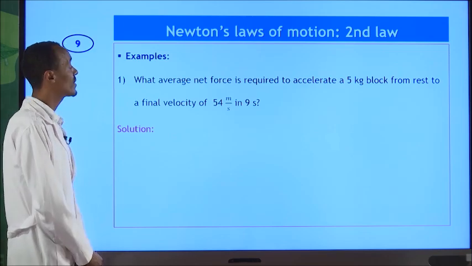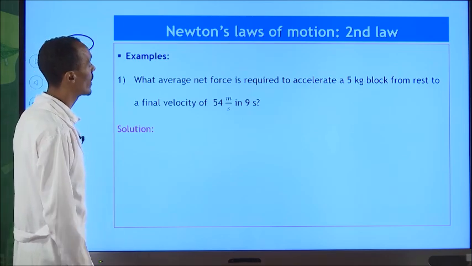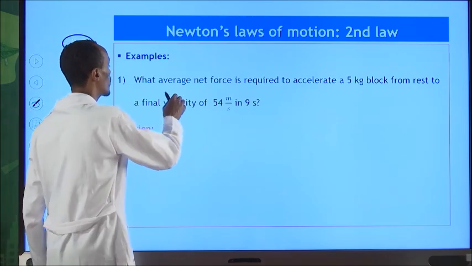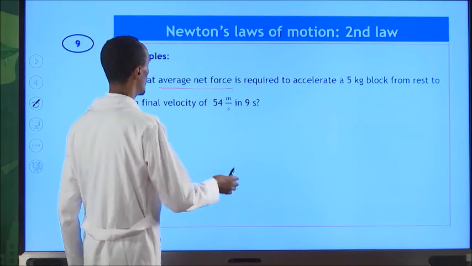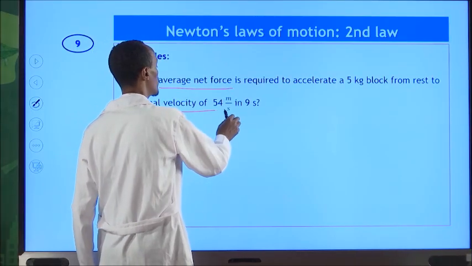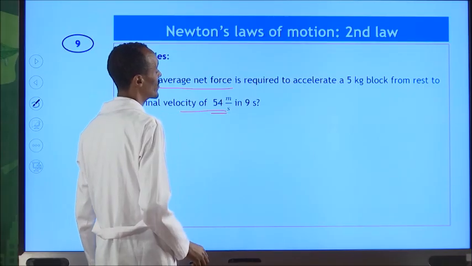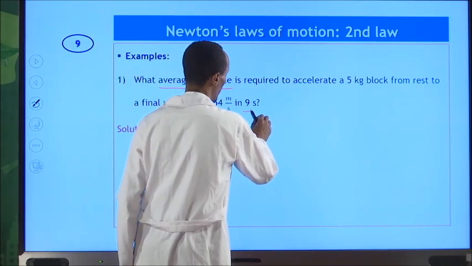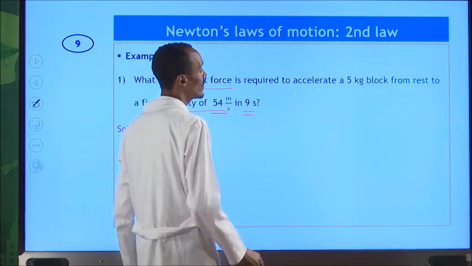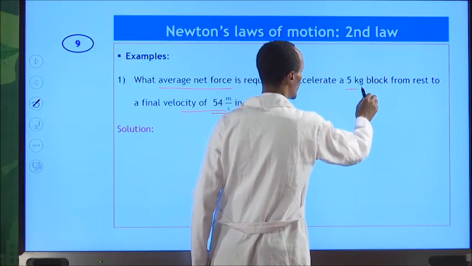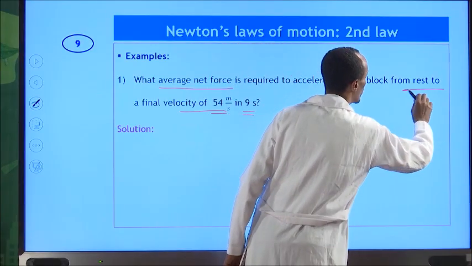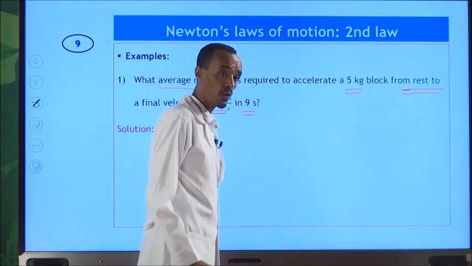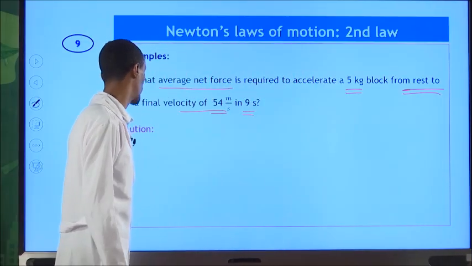Welcome back, students. Now what are the given quantities? We are asked to calculate the average net force, and the given information is that the final velocity of the object is 54 meters per second, the total time taken is 9 seconds, and the mass of the object is 5 kilograms, and the initial velocity of the object is 0 because it starts from rest.